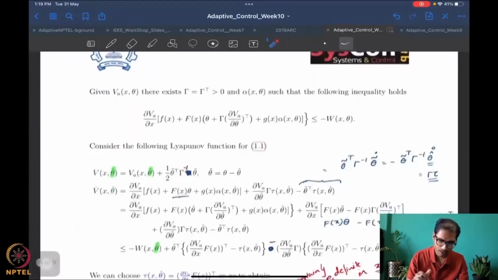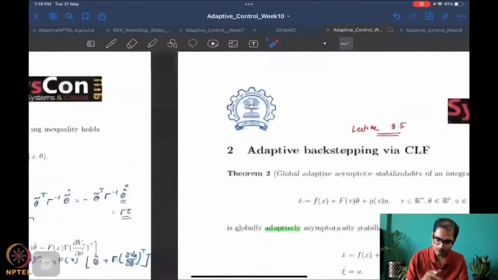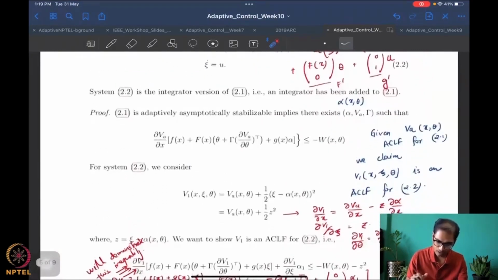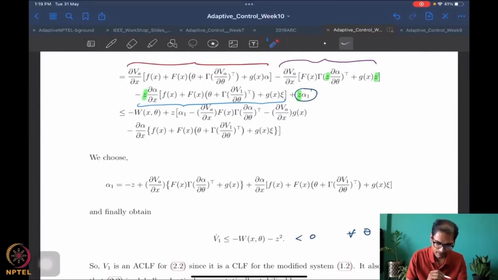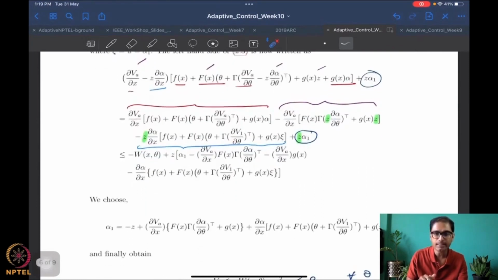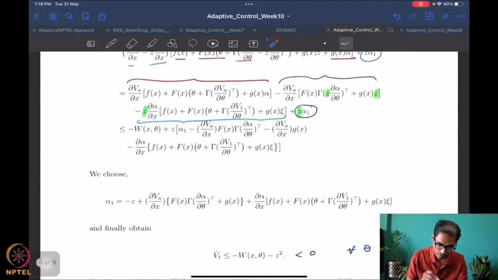If you look at how the alpha 1 gets constructed here, we can see clearly that alpha is a function of both x and theta, right? And so in this alpha 1 expression, here you could have a dependence on theta, here you could have a dependence on theta, and here you already have a theta. So these two can also combine to give you a quadratic.